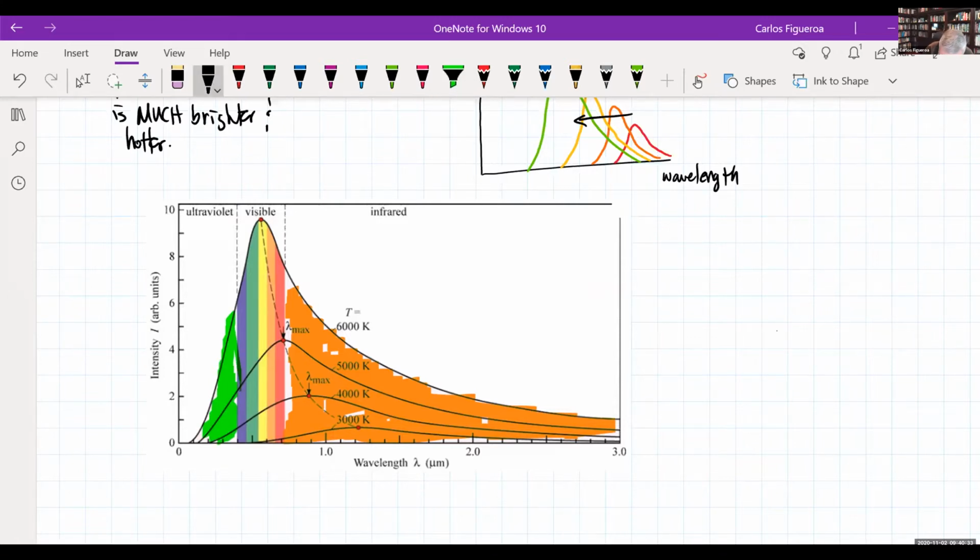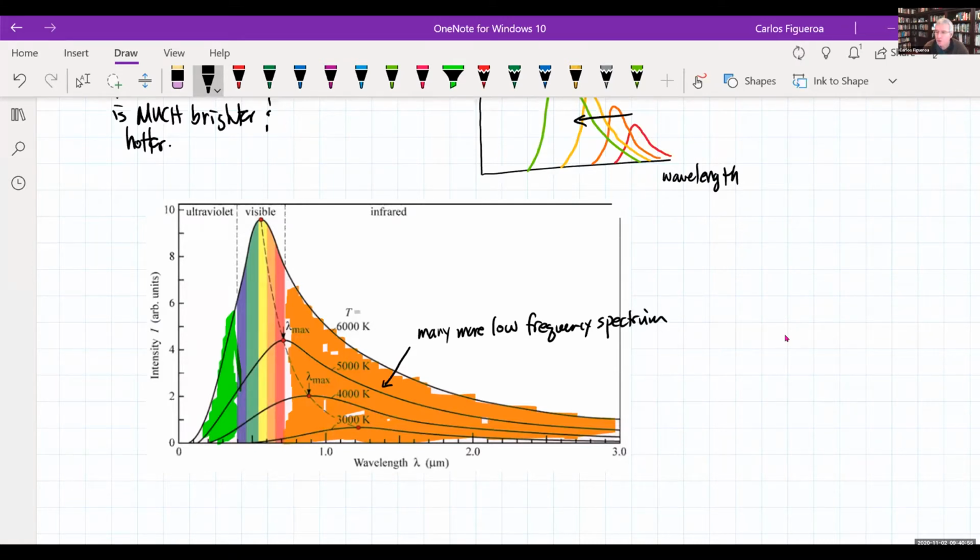One of the things that I want you to realize, note that there are many more low frequency spectrum, right?